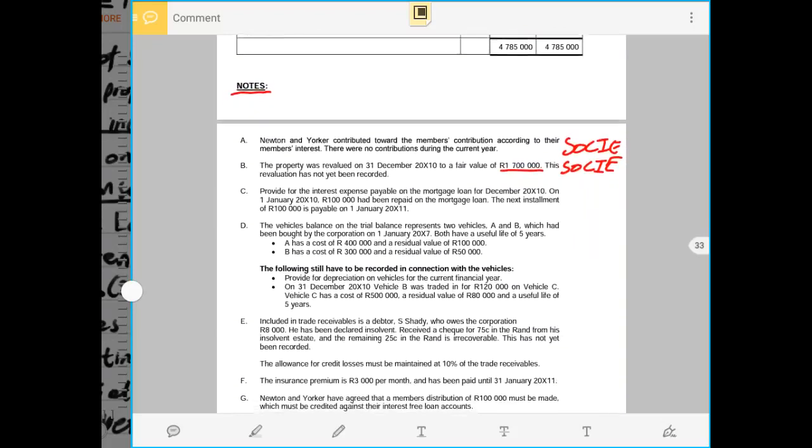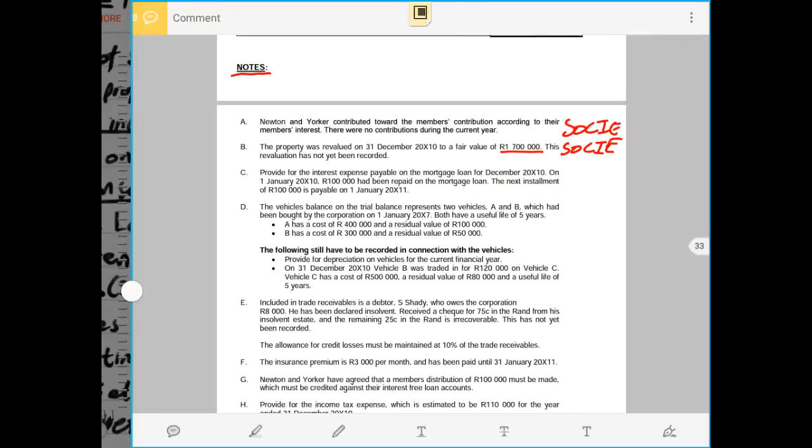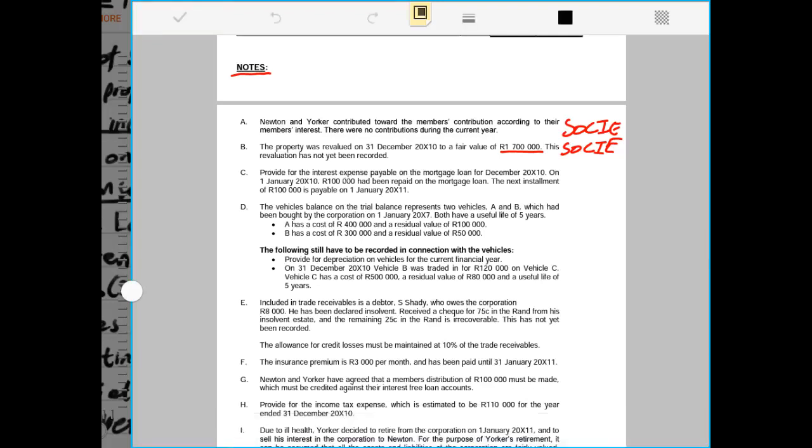Number C says provide for the interest expense payable on the mortgage loan for December 2010. On the 1st of January 2010, 100,000 rands had been repaid on the mortgage loan. The next installment of 100,000 rands is payable on the 1st of January 2011. So by the beginning of the year, on the first day of the year, 100,000 rands was paid, and this was correctly recorded.